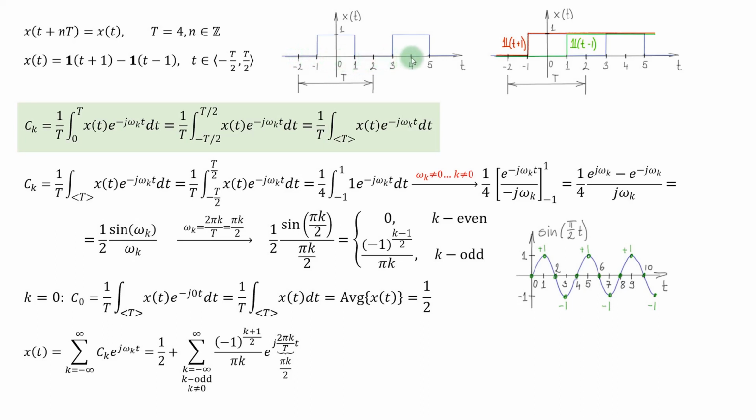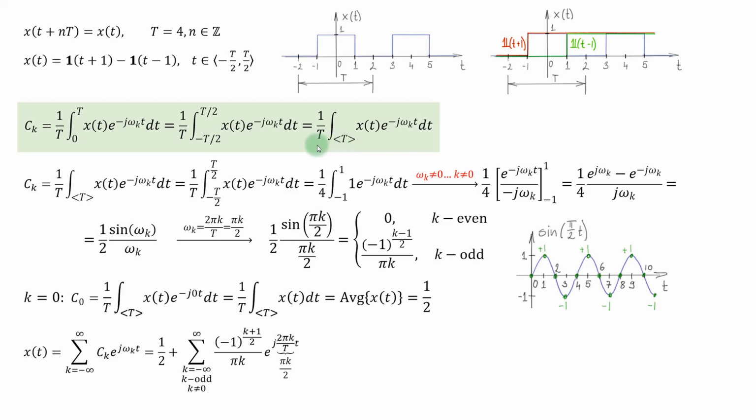So I can pick any interval I want as long as it has the length of one period. So I can integrate from 0 to the period, or I can integrate from minus half the period to half the period, or, as we write it in general, we can integrate over any interval with the length of the period. Just pick whatever is the most convenient for you.